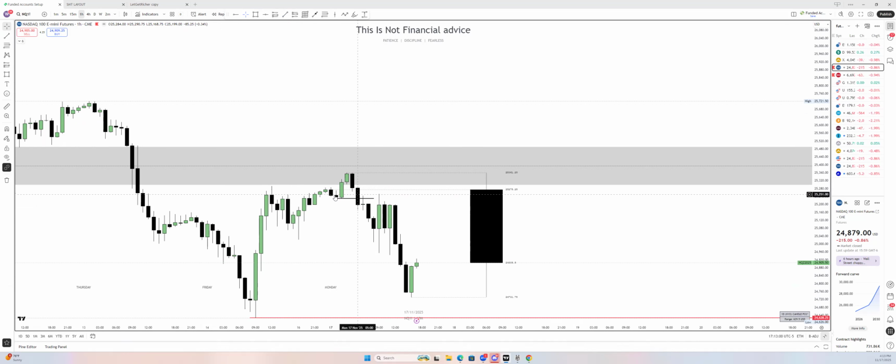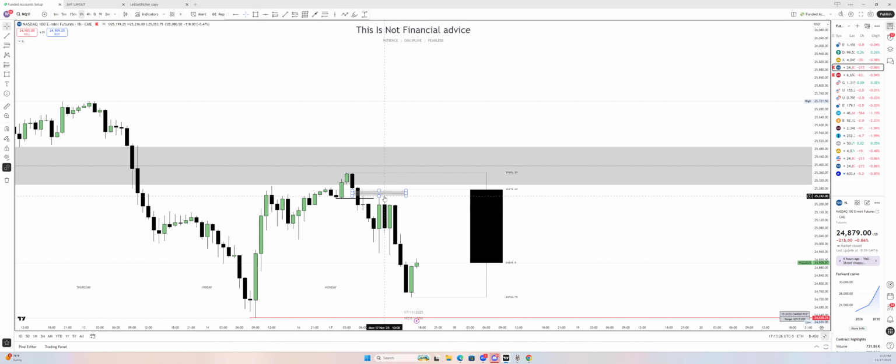First, we displaced below this swing low, shifting to a bearish market structure shift. And this is also a change in the state of delivery. We had these series of green candles and we closed below those green candles, causing a shift in the state of delivery.